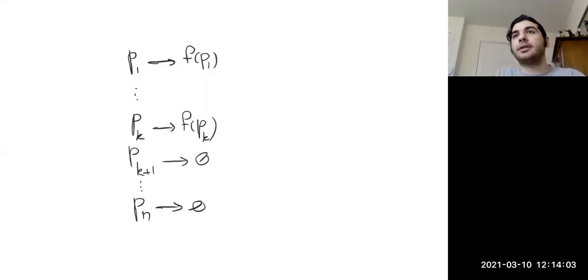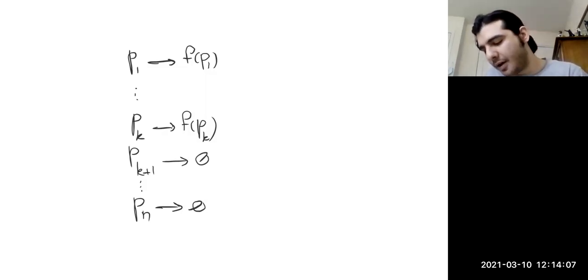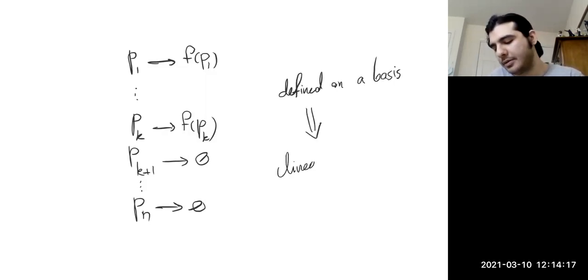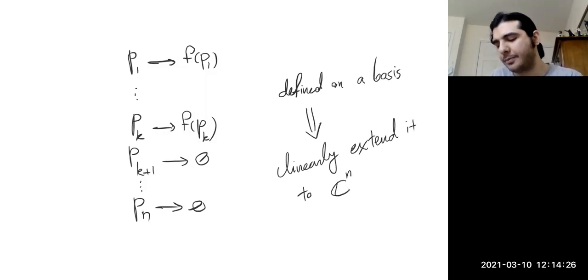Just one simple choice. And then I have a map defined on a basis, and whenever you have a map defined on a basis, you can linearly extend it to all the space, to here Cn.